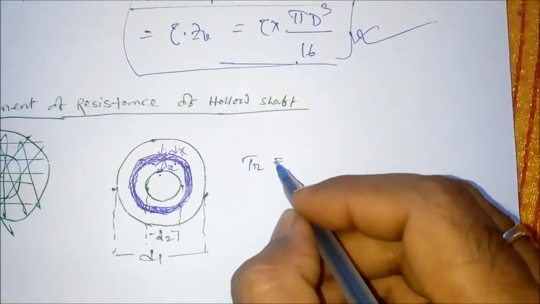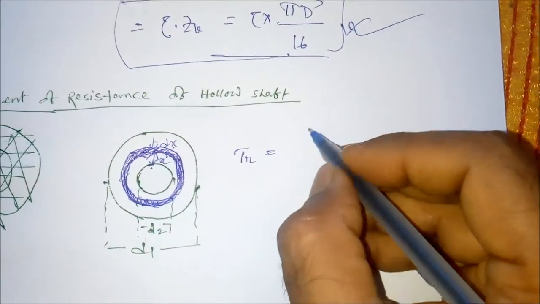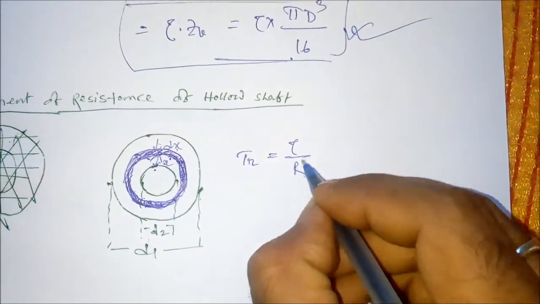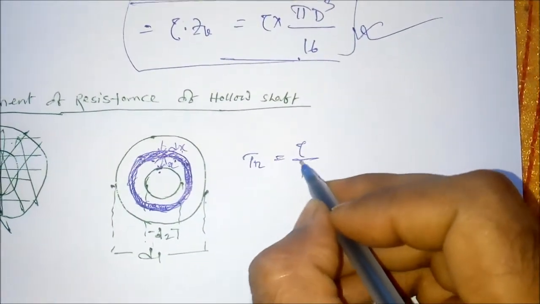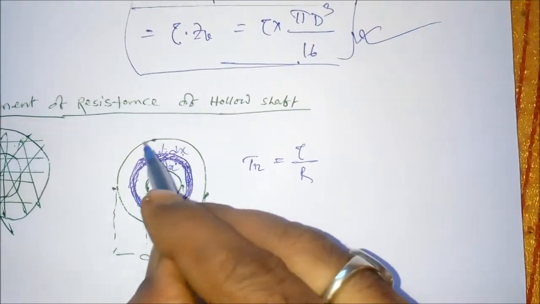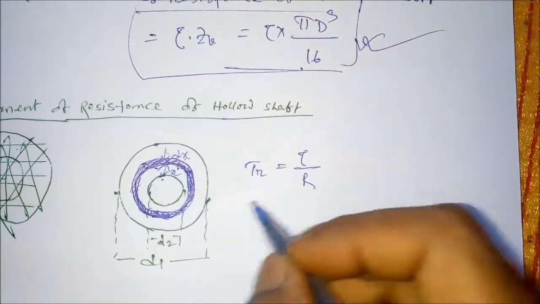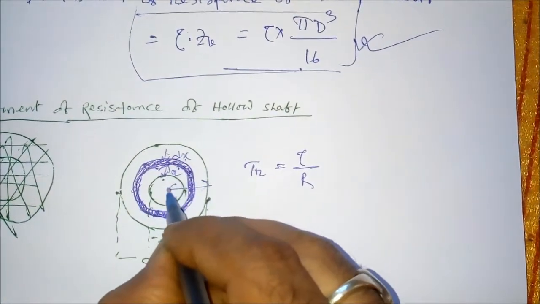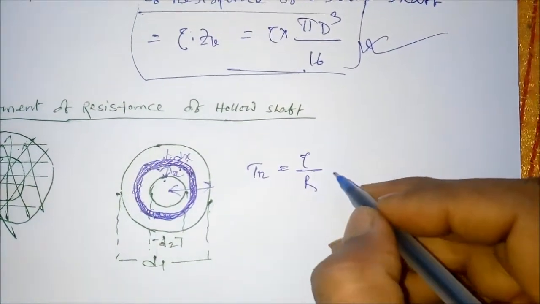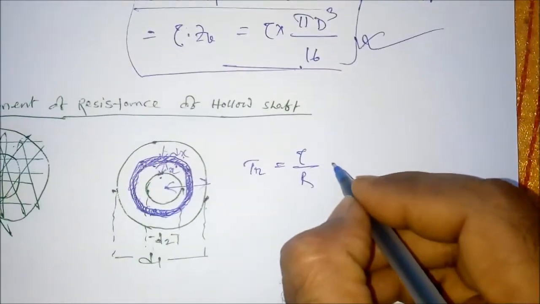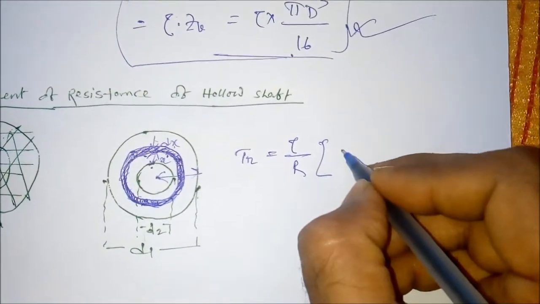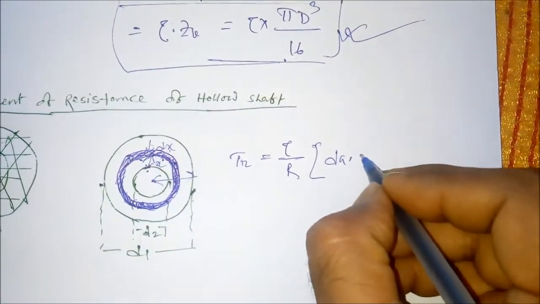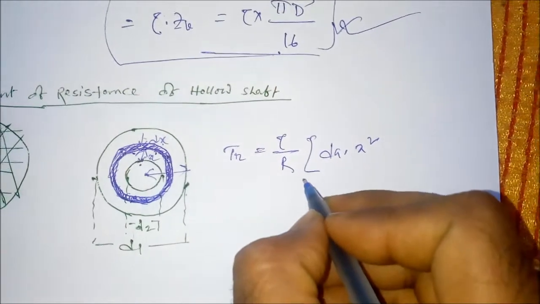So the torsional resistance, like the previous one, will equal tau over R, where tau is the maximum shear stress at the surface of the shaft and R is the outside radius, and we sum up the elemental area dA multiplied by the distance squared.